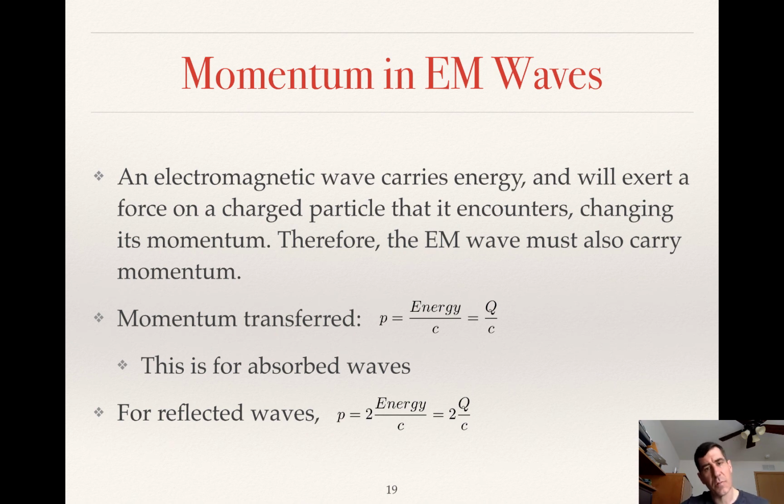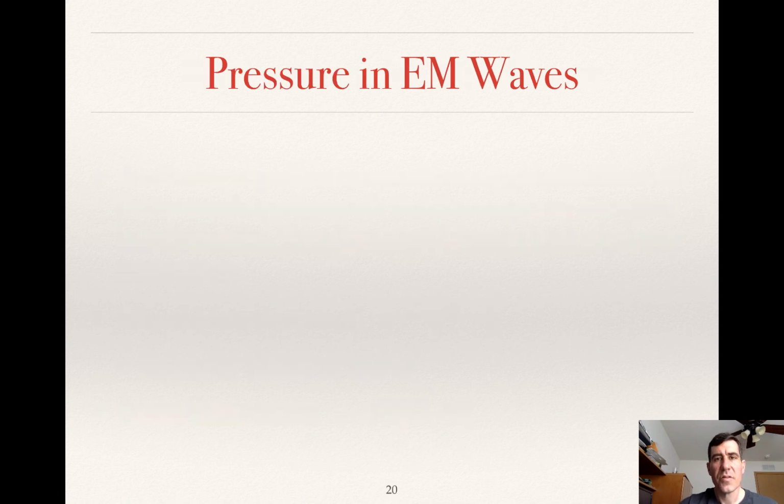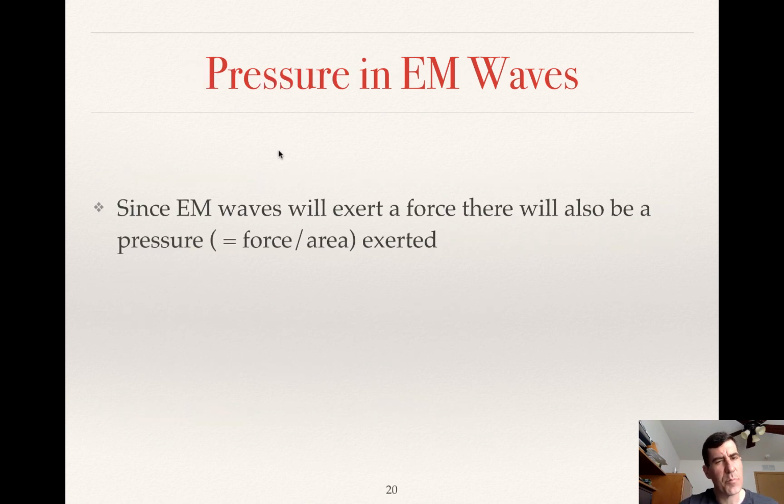Now, in principle, you could also have a wave that comes in and then reflects back. For a perfect reflection, and this is if you remember back when we did momentum conservation, you get this factor of 2, because the change in momentum is doubled if it reflects off. So it's 2 times the energy transferred over c, or 2Q over c. So we can also define pressure, since we decided that electromagnetic waves are going to exert a force.